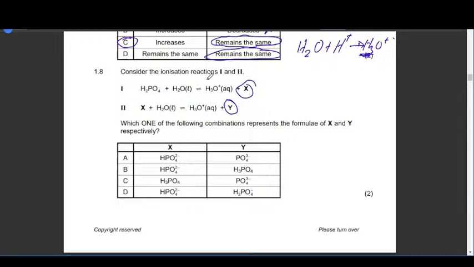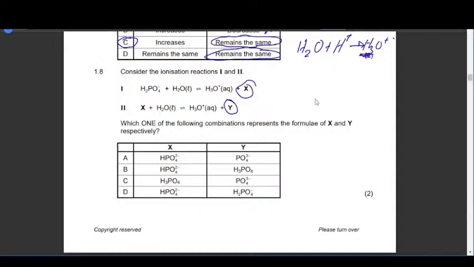That's why you have this hydronium ion here, plus that species. Then it means that the species X is going to remain 1.